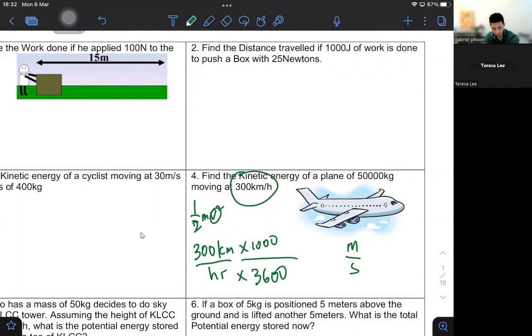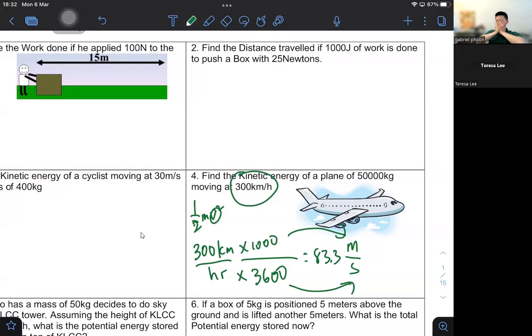From here, all you need to do is this. If you multiply by 1,000, you'll get it in meters. And if you divide by 3,600, you're going to get seconds, right? So from here, you should be able to get 83.3 meters per second. Try and see if you can get it or not.